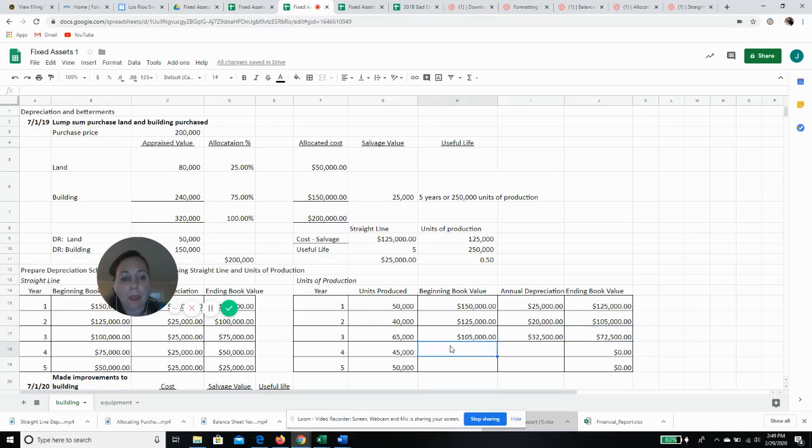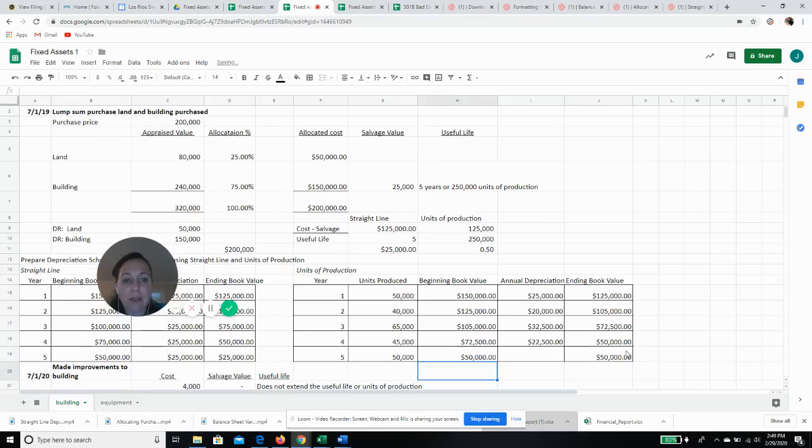I'm going to carry down my book value. Last period's ending book value is this period's beginning book value. And in year 4, we produced 45,000 units times our depreciation rate of 50 cents per unit, and our annual depreciation is 22,500.